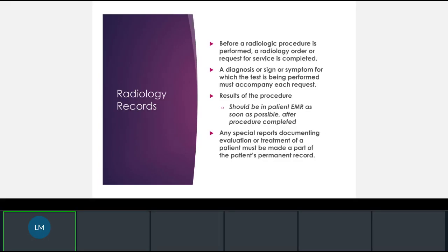Meaning typically, unless it's a trauma situation, you have to have some kind of written or documented order on the computer. It can be a written order, it can be an electronic order, but there has to be some type of order generated before we can complete service. It cannot be a verbal order unless you're in the trauma room.